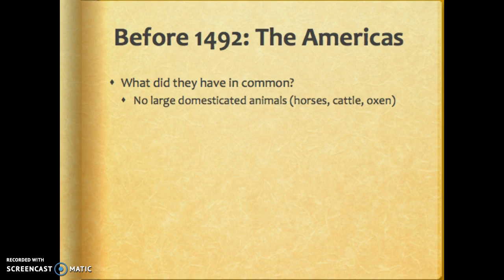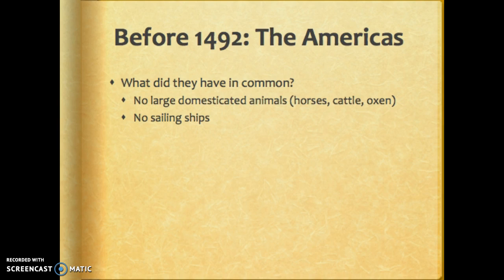While the native peoples of the Americas had unique cultures, they did have some things in common. For one thing, they did not practice the domestication of animals, at least not the domestication of large animals, such as horses, cattle, and oxen. They did domesticate dogs, but again, there were no large mammals that were being kept as domesticated animals.